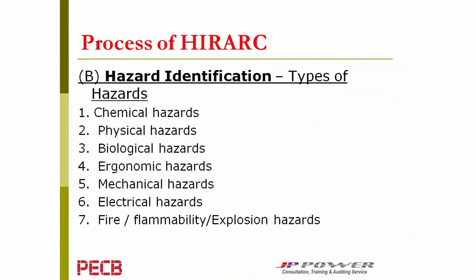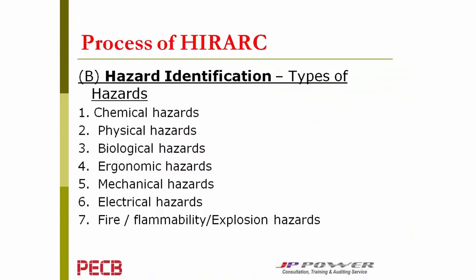Mechanical hazards, for example, having hands trapped in between the machines, snapped by the machines, or fingers or body parts being hurt by the machines, or being hit by a forklift. Whereas electrical hazards, for example, electrocution. And finally, being in a die-cast company, we are exposed to flammability, fire, perhaps explosion.